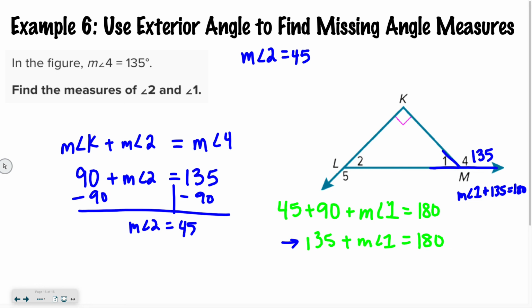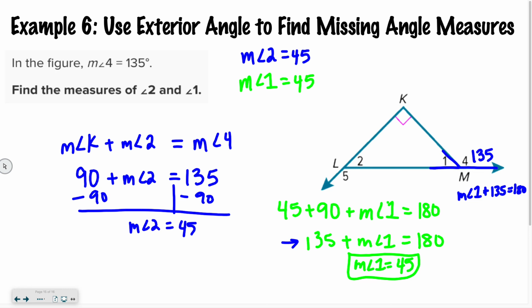So then the last step we have to do is just subtract 135 from 180. So the measure of angle 1 equals 180 minus 135, which is 45 degrees. Okay, so then I'd say the measure of angle 1 equals 45. And just so you know, angle 1 and angle 2 in a picture like this won't always equal 45.